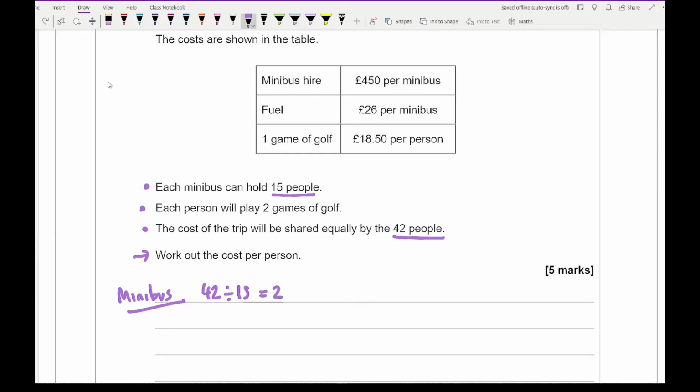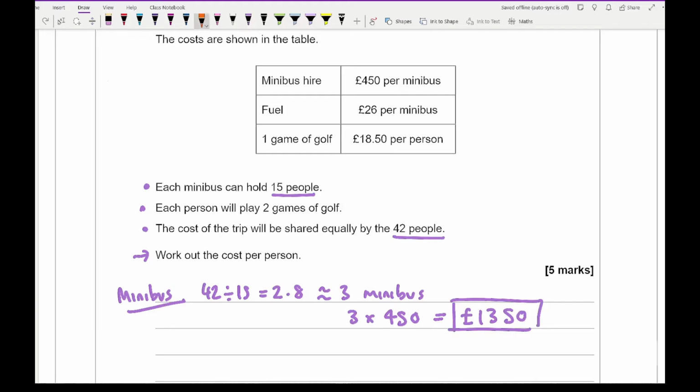Now I need to make sure that everyone's on a minibus, so we're going to need 3 minibuses. The total cost of that is going to be 3 times 450, which comes to a total of 1350. So that is one cost for the minibus.